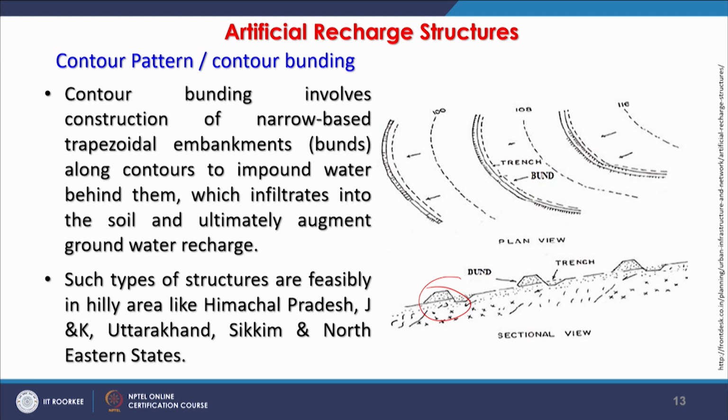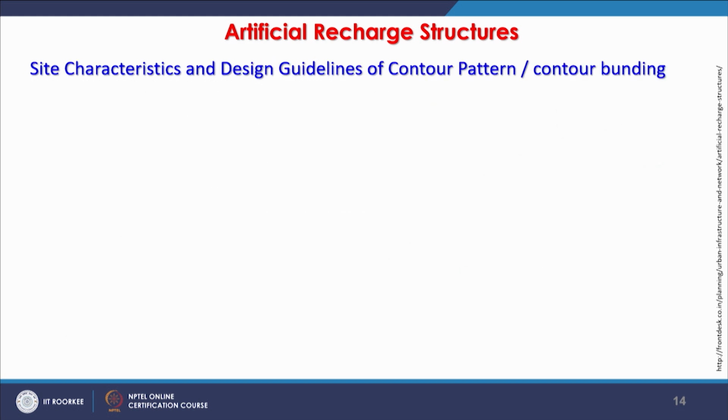Such bunding structures are feasible in hilly areas. I gave the examples of Himachal Pradesh, Uttarakhand, Sikkim, and the northeastern states, where they even have paddy crops, and they used to have very different varieties of paddy which we do not get in plain areas, and which were very healthy.